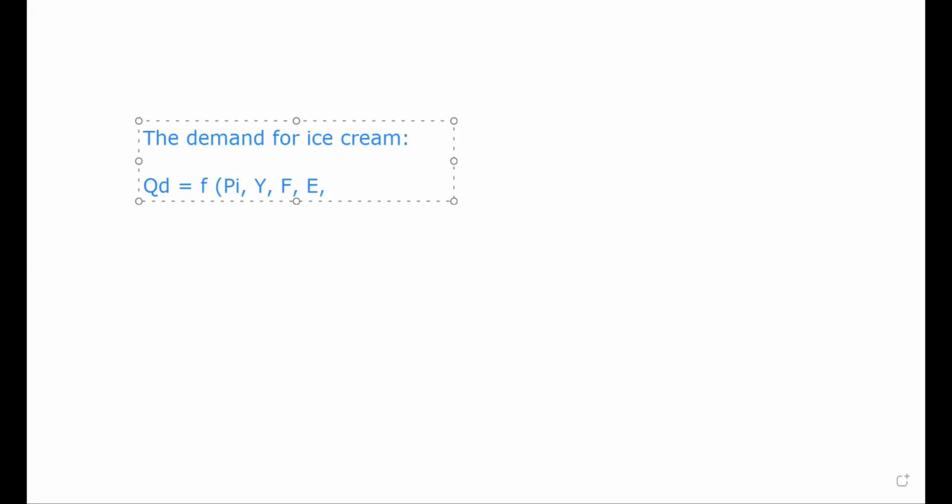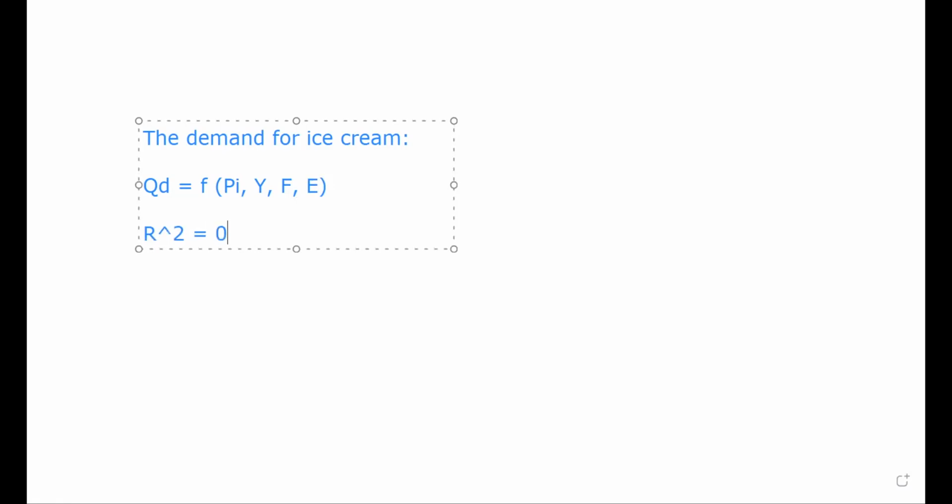We make the equation: demand for ice cream is a function of price of ice cream, income, family size, and expectation, etc. For example, we have only 4 variables. This means we have 5 cases here, and then we get R square here.